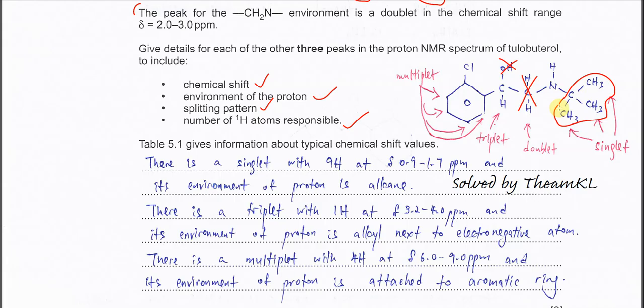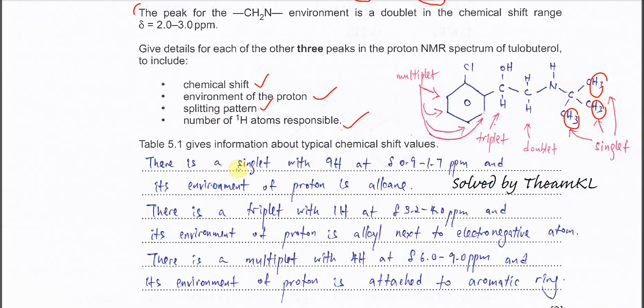For this methyl, these 3 methyls are equivalent. That's why it will produce a singlet. This proton will not really couple with other protons because the adjacent carbon has no protons to couple with. Therefore, it will just form a singlet.